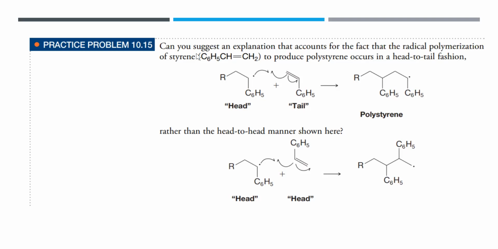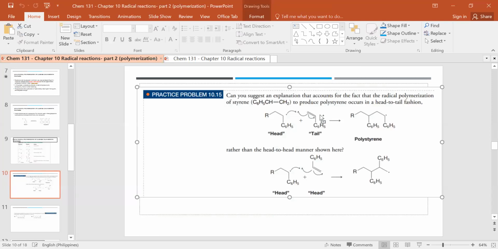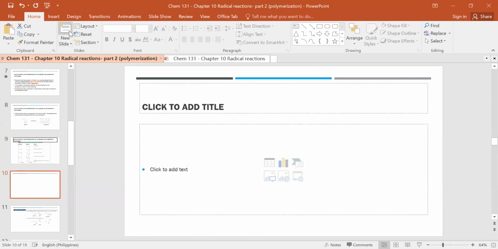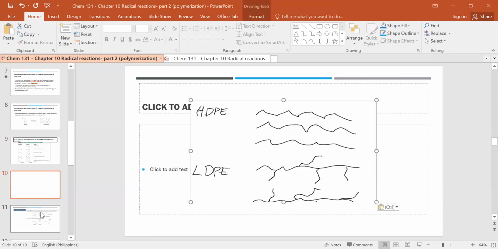So can you suggest an explanation that accounts for the fact that the radical polymerization of styrene occurs head to tail? Do you have an explanation for this? Why would that be?